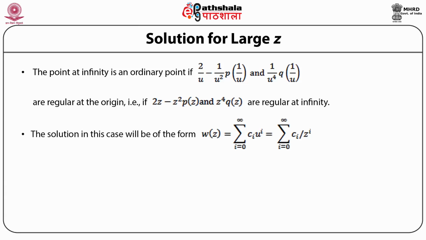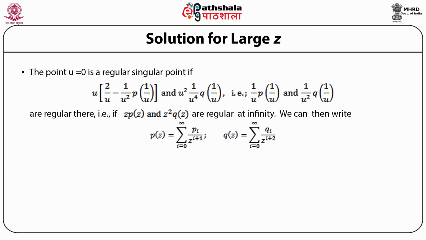The complete solution of the equation in this case will be of the form w(z) = summation i going from 0 to infinity c_i · u^i, which is also equal to summation i going from 0 to infinity c_i / z^i.